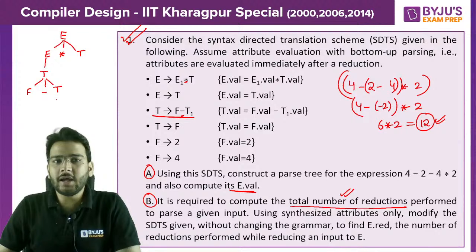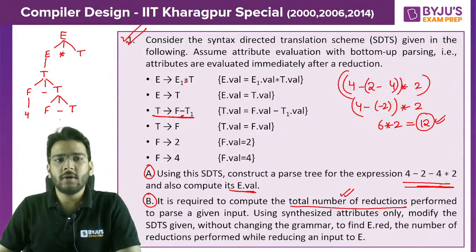Then again from T I can get F, and here it is minus and here it is T. Now from F we can directly get the value here. So we need the value which is 4 here, because this is the expression given to us. So 4 will be here, then this 2 will be here, correct? Then from T we can get F, and from F we can get 4 again, and from this T we can get F, and from F I can get 2 again.